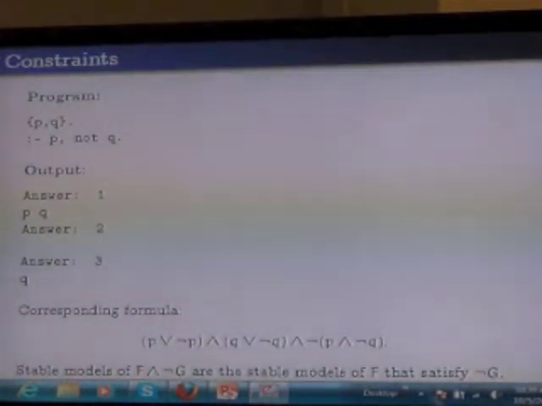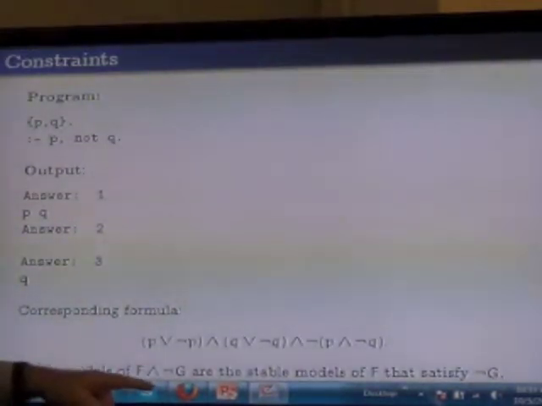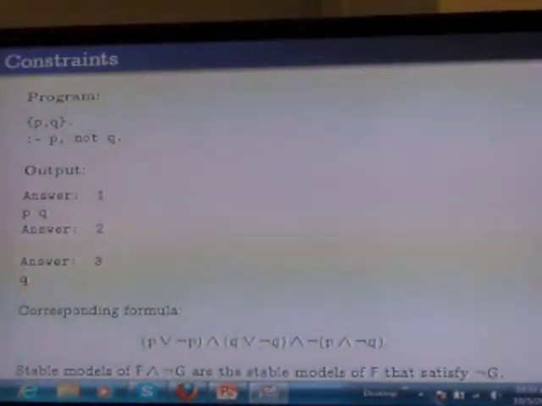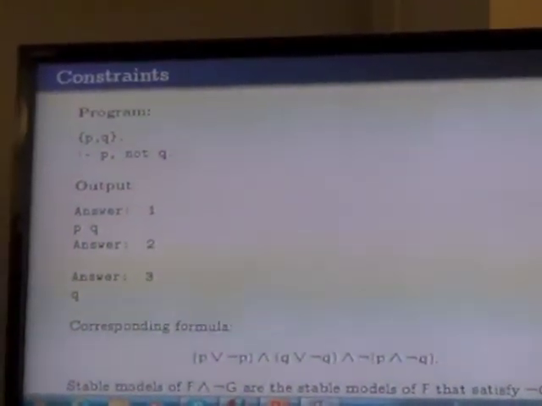And this use of constraints is justified by this general fact that is not difficult to check, that if you have a conjunction of F with something that begins with negation, the stable models of this conjunction can be characterized as the stable models of F that satisfy this additional constraint G. Generally, if you take the conjunction of two formulas, the stable models of the conjunction are not related to stable models of individual formulas in any simple way.